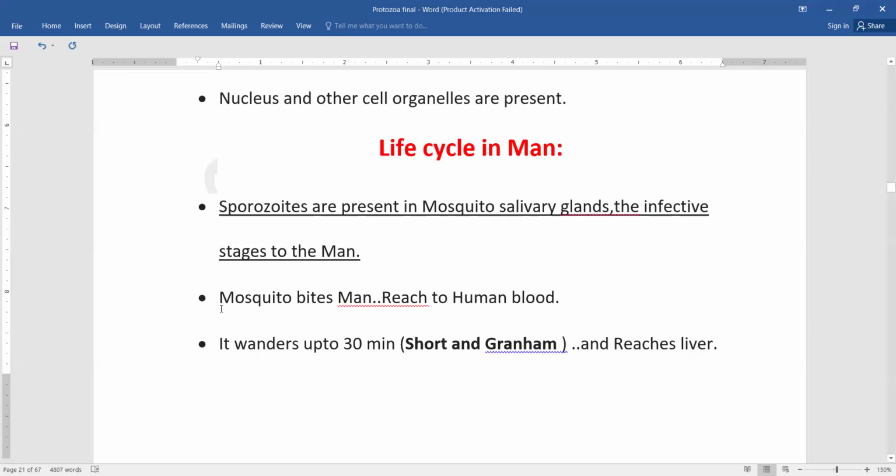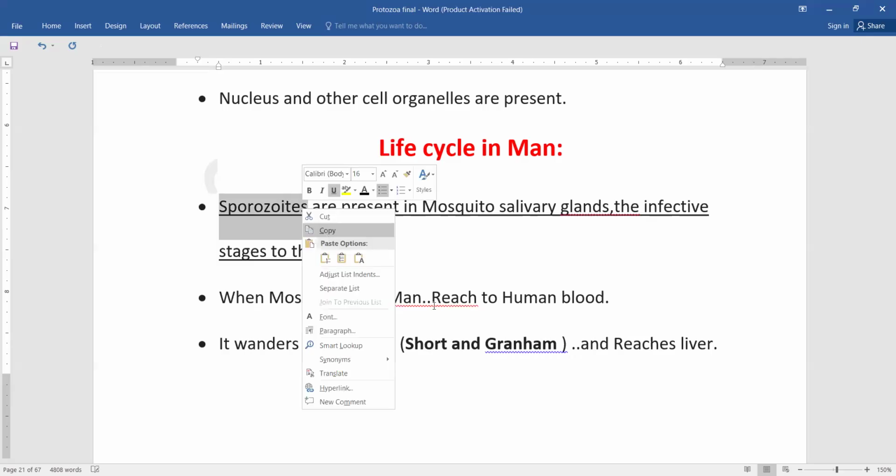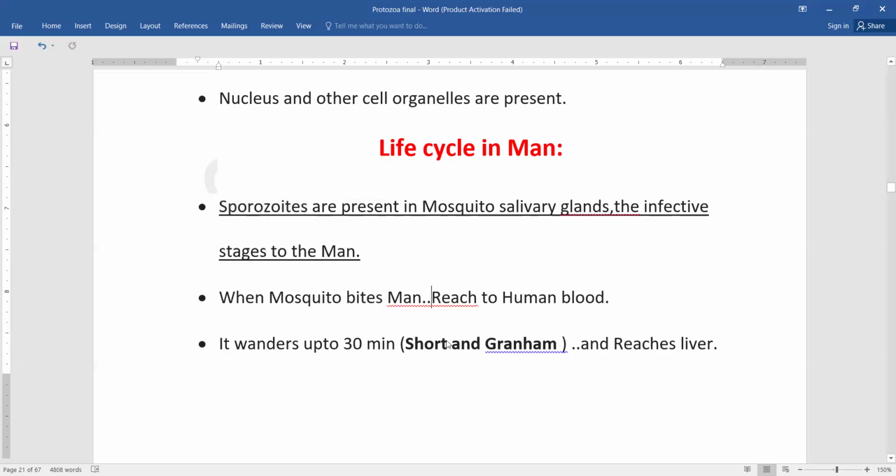So when a mosquito bites a man, these sporozoites reach human blood.